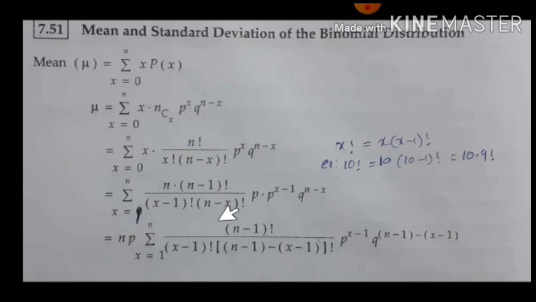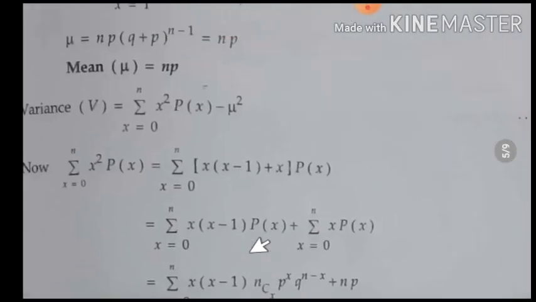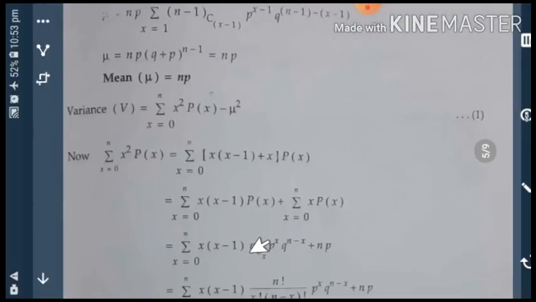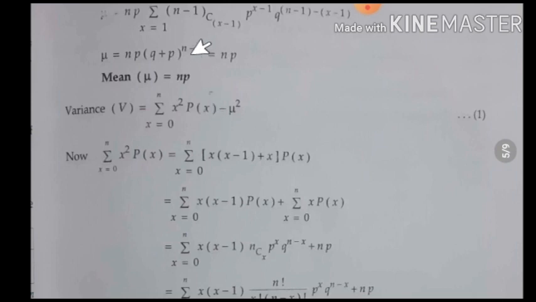In the same way, here I have a combination of the expansion term of n minus 1 and x minus 1. So in short, this is an expansion of a combination function, n minus 1 C x minus 1, and the powers of p and q are written as they are.